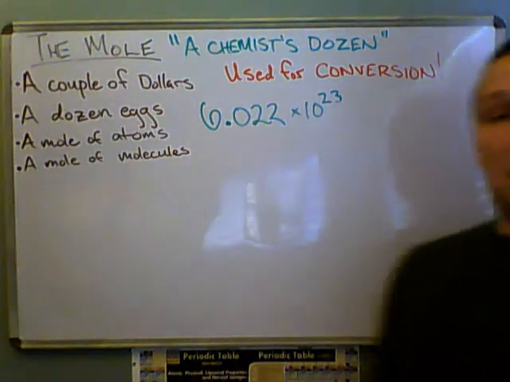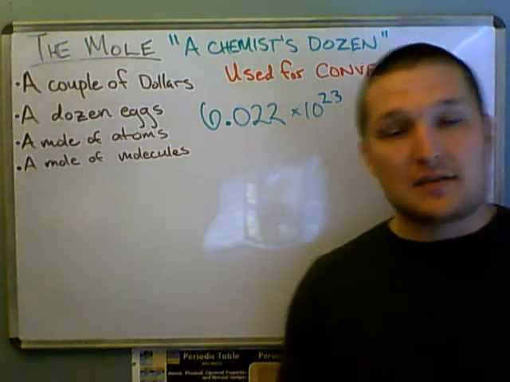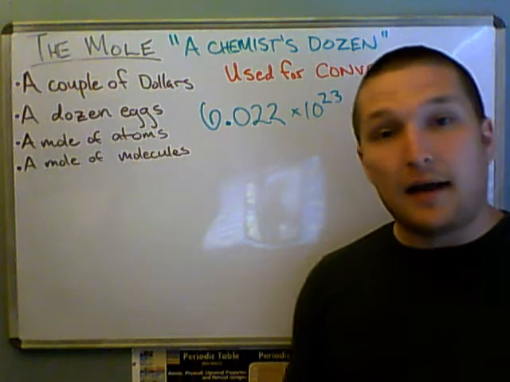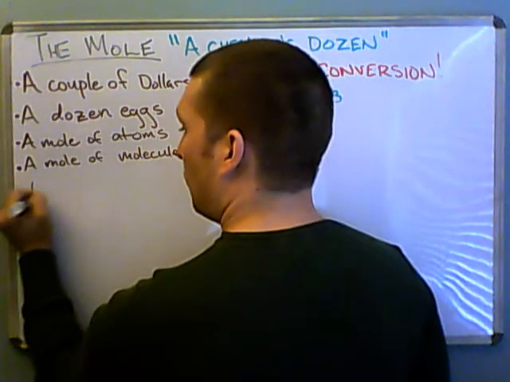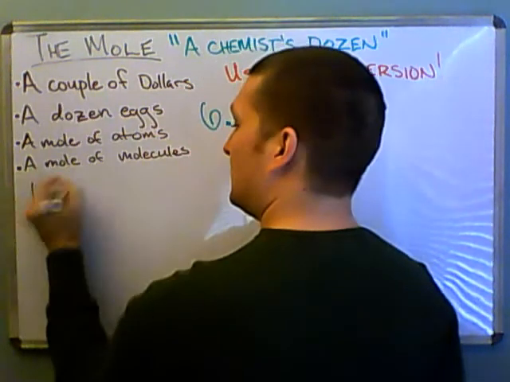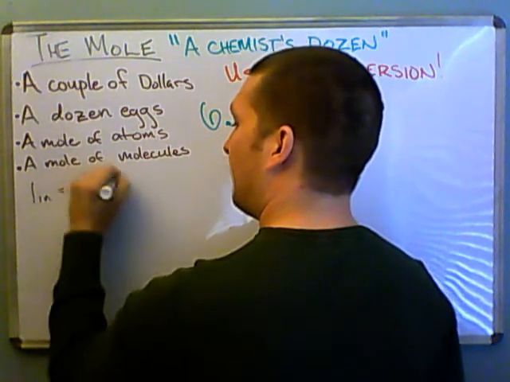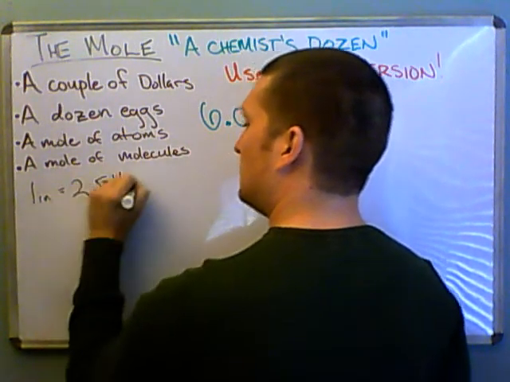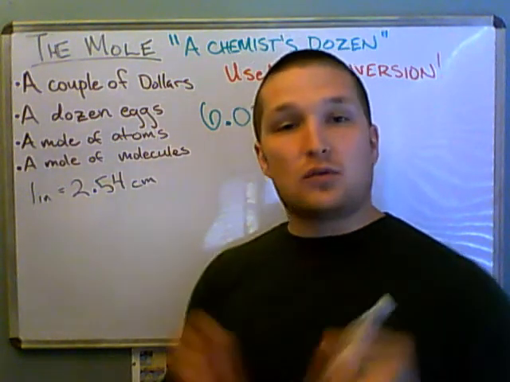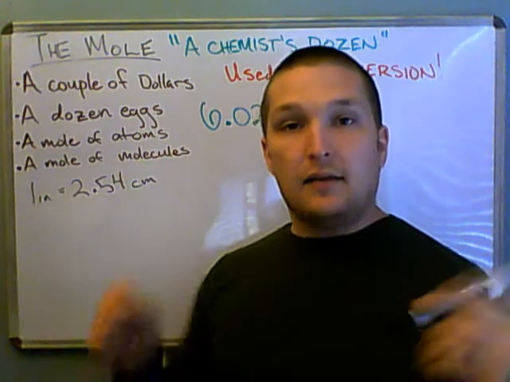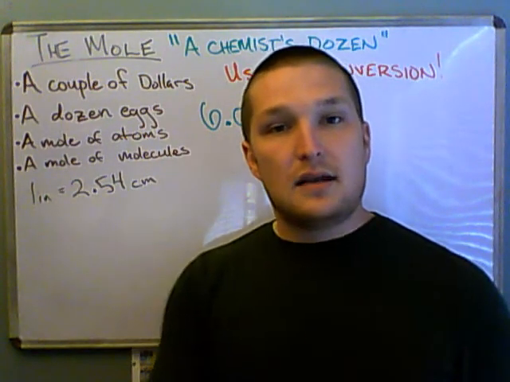Now, when we did dimensional analysis, we talked a lot about conversion ratios. For instance, 1 inch is 2.54 centimeters. And that can be used as a ratio in dimensional analysis.